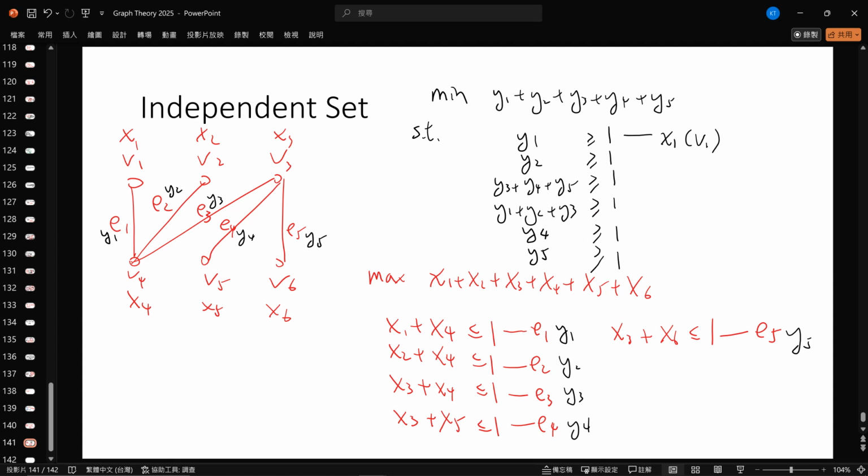All right, so after building up this dual problem, we have some observation for the constraint. Especially for the left-hand side. So the left-hand side is just the edges incident to the vertex that we consider. Okay, so every constraint corresponds to some vertex.